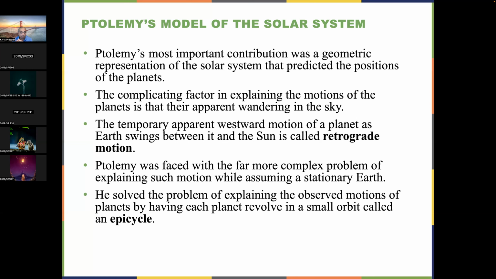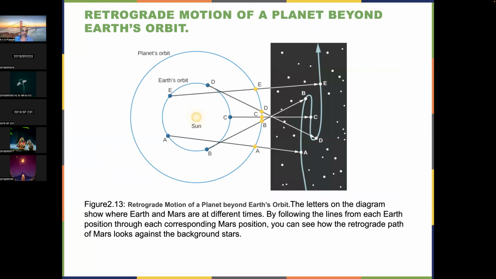Now, the complicating factor in explaining this kind of motion is that there are planets wandering in the sky. If you think that we are at the center and assume that all the planets are moving around us, that's okay for a certain time. But once you go outside and observe, astronomers found that there is this retrograde motion for some of the planets. Let me go to the next slide and show you what this retrograde motion means.